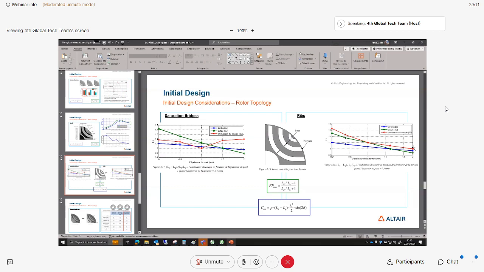Yeah, if we put them equal to 2 millimeters, we decrease the power factor. The better one is to put them as 0.2, but we increase the torque ripple. So yeah, here as well, maybe the good compromise should be 1 millimeter.